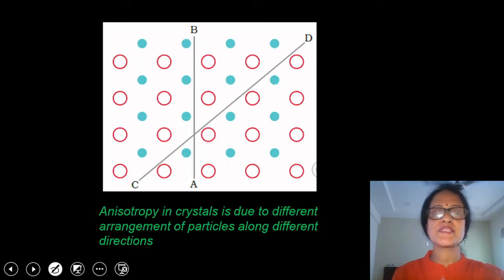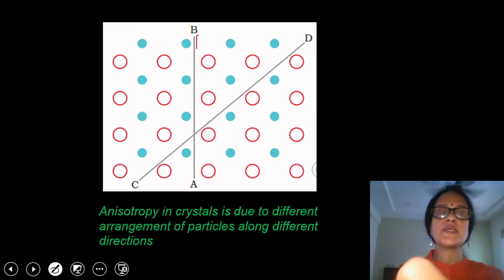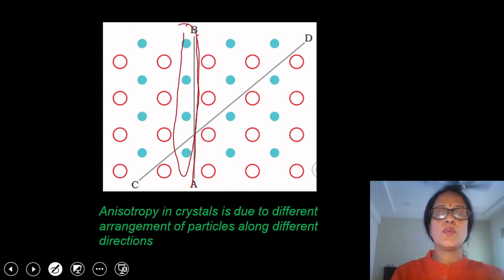This picture represents the arrangement of particles in a crystalline solid. You can see here that if we measure any property along the direction AB, you will come across similar types of particles. But if you measure these properties along the direction CD, you will come across different types of particles.